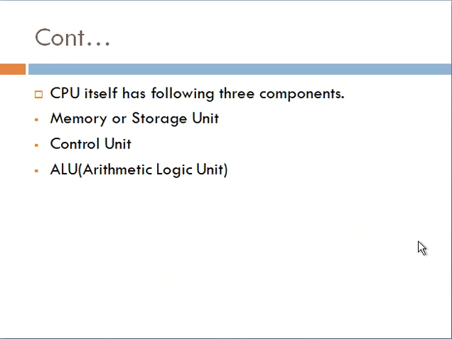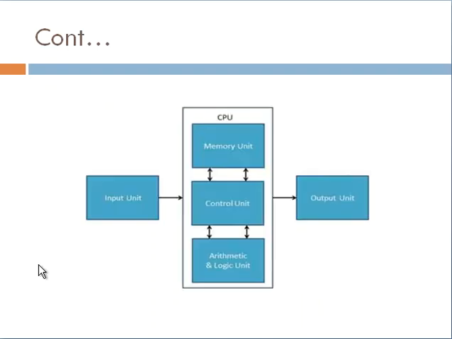The CPU itself has three units. First is the memory or storage unit, second is the control unit, and last is the ALU, arithmetic logic unit. This is the functional diagram of the CPU.